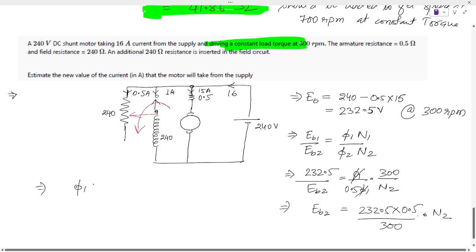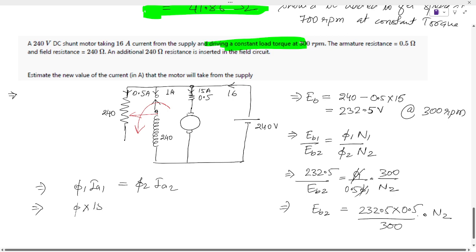Phi 1 Ia1 is equal to phi 2 Ia2, constant load torque. Phi 1 was initially 1, then it became half.